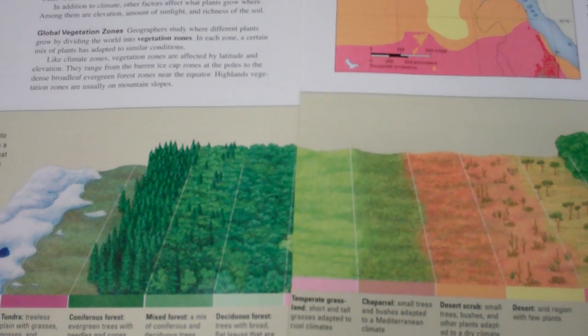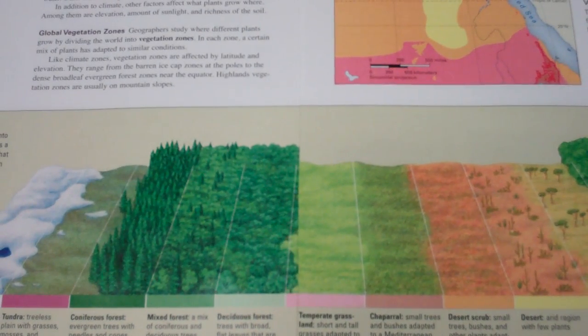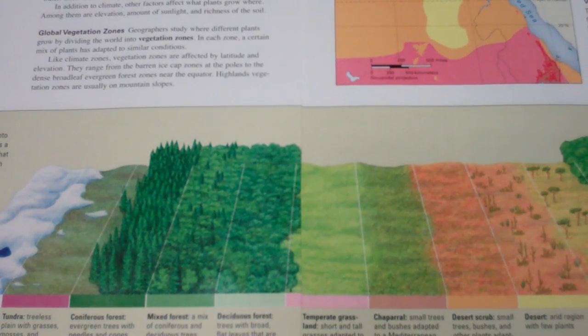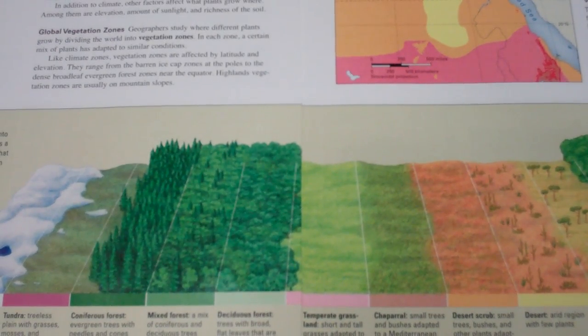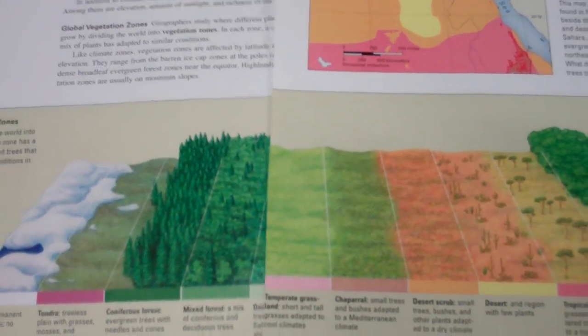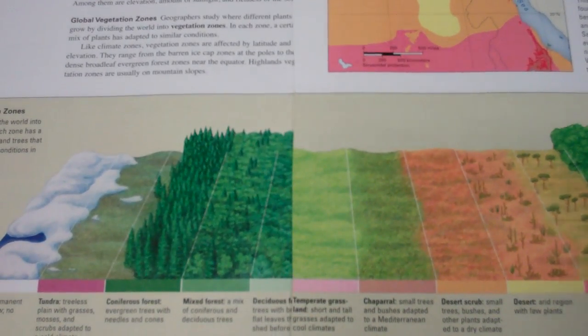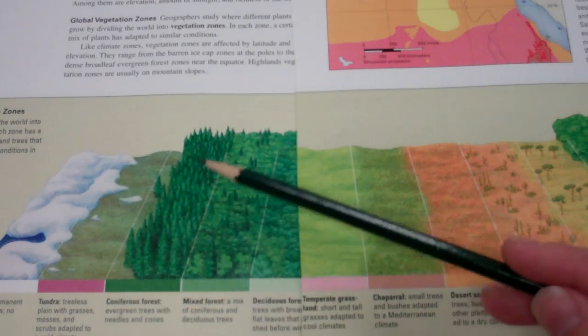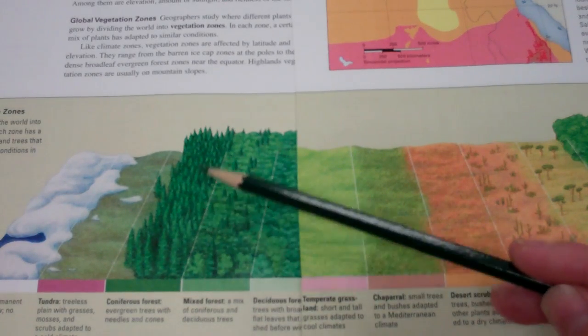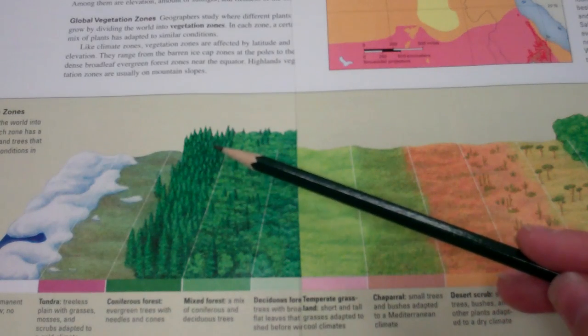So some of the key terms that I need you to understand when we're talking about vegetation is the idea of 3 different types of forest. You're going to hear forest, which I think we have a picture in our head of what forest is like here in the United States. However, forests have different characteristics depending again on their location. A coniferous forest is what we might consider to be a pine cone forest. These are the kinds of trees that don't lose their leaves, their needles.